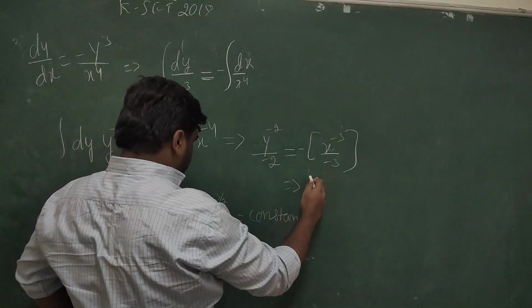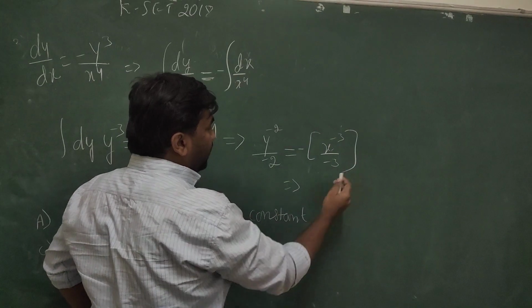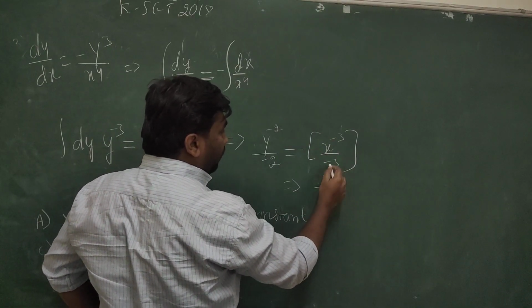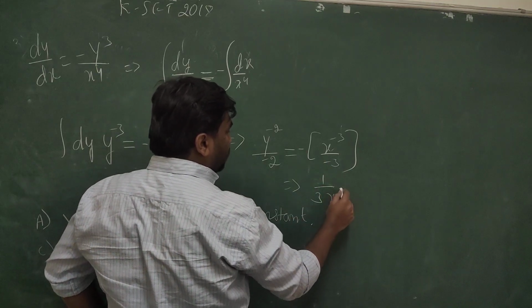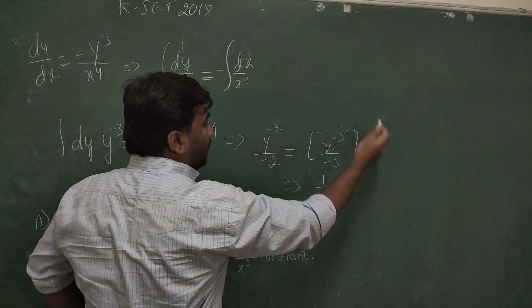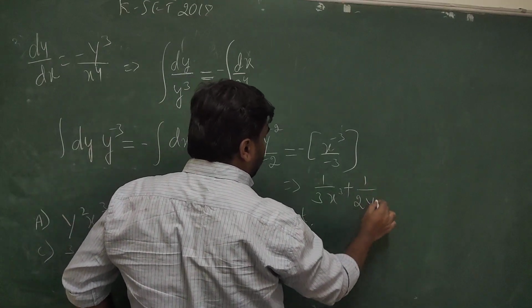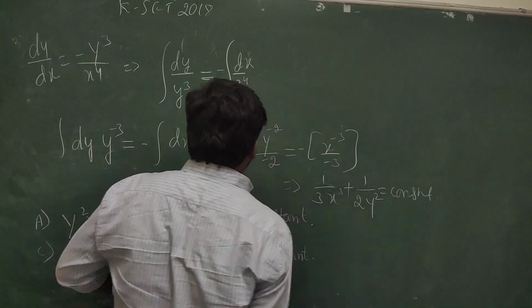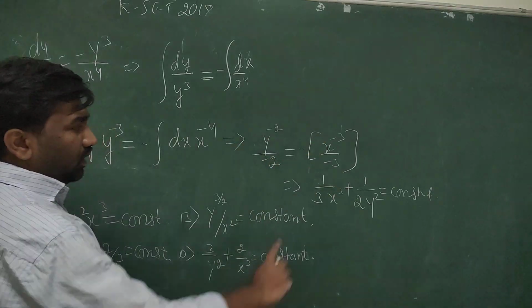If it is moved to the right side, x power minus 3 can be written as 1 by x cube, so minus into minus plus 1 by 3 x cube. If y goes to the right side, it becomes plus 1 by 2 y square, which is equal to the integration constant. There are no limits, so we take an integration constant.